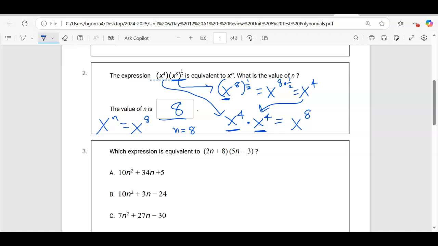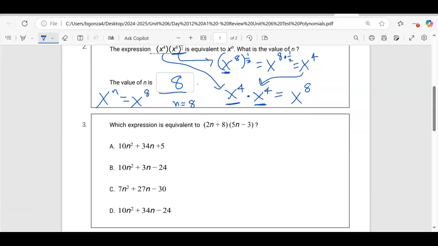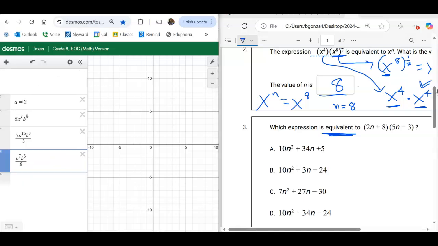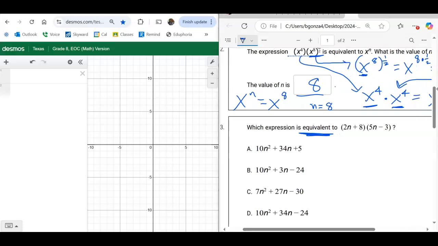All right, which expression is equivalent? Another key phrase, equivalent. So that means we can do it the way we were doing it over here. And look, since it's n, it's already good to go. Okay, we could change it to a, but you can just leave it like this, okay? So you're gonna go to Desmos and type it in.